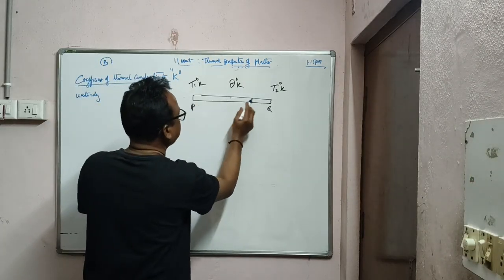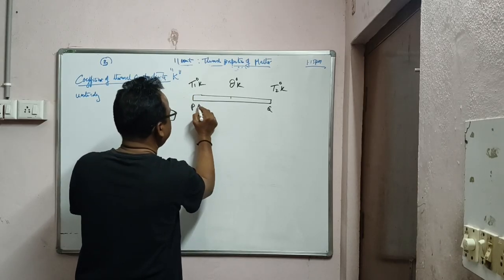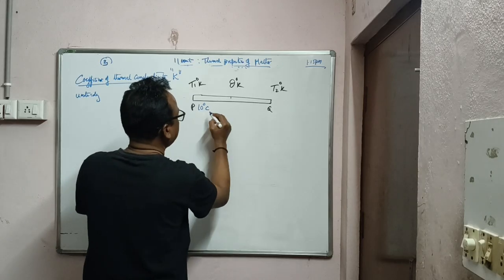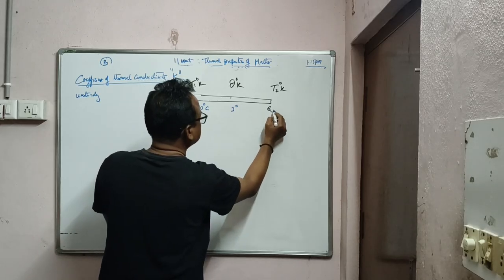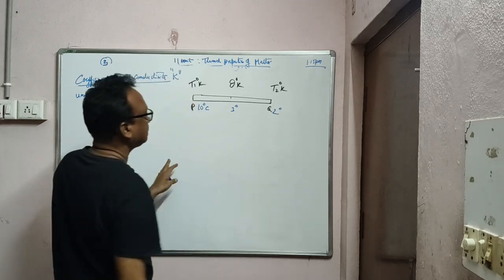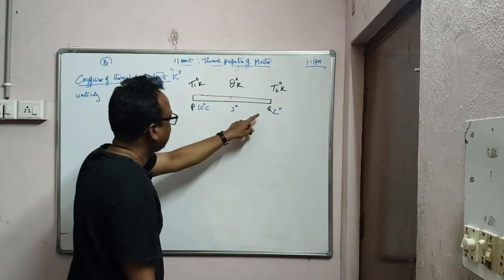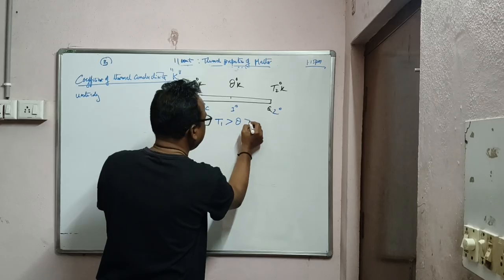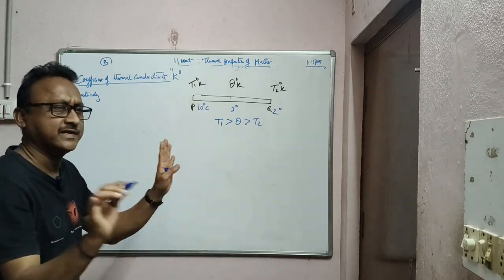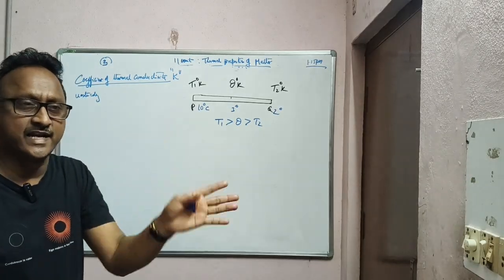Suppose for example this is 10 degrees, this is 3 degrees, and this is 2 degrees, just an example. In the beginning this will be more. T1 will be greater than theta greater than T2, always, not only in unsteady condition but also in the steady condition.